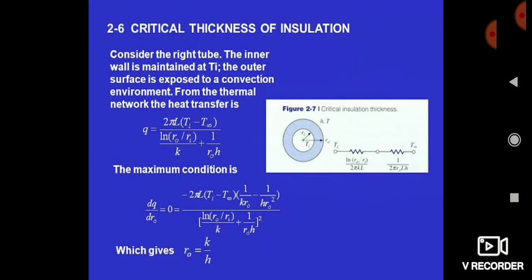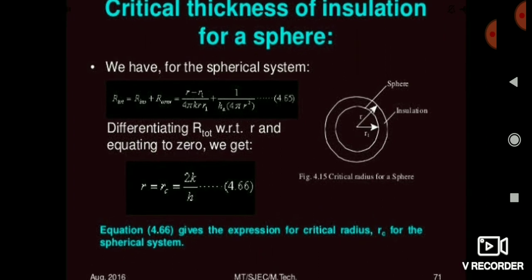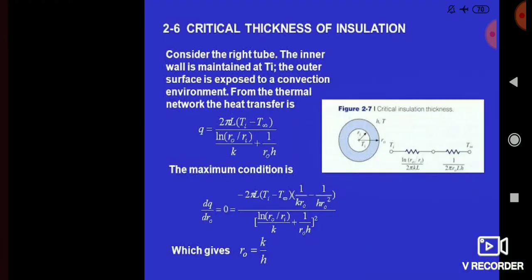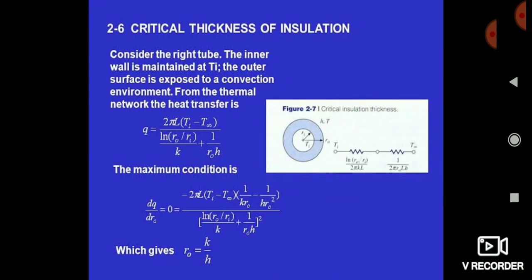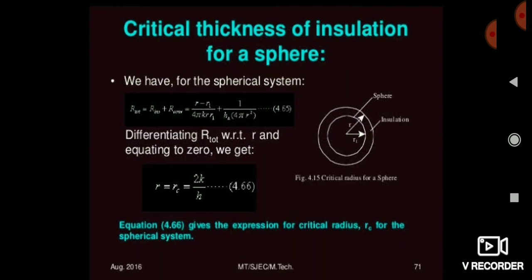In the case of cylinder and similarly it is the case of spheres. Everything is same. Whatever the formulas for resistance of a sphere you have studied in the previous slides, it is same. But the only thing you should see clearly here is that the outer radius, means r naught value or rc value, is 2k by h. You should take care about that. In case of cylinder it is k by h and in case of a sphere it is 2k by h.